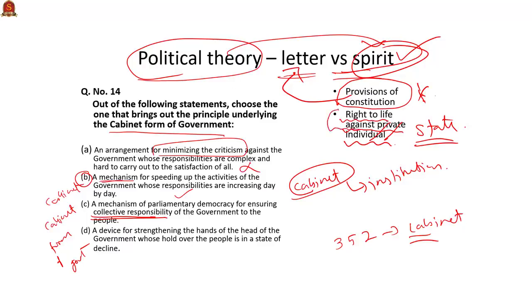So when there is an explicit provision, Article 21, which says that it is not against a private individual, whether you have to go by the spirit of the provision or the letter of the provision, you have to go by the letter, because there is an explicit constitutional provision. You can apply only the spirit of the provision when there are political theory concepts like democracy, federalism, cabinet form of government, etc. Okay, so when you have a dilemma between B and C, the answer would be C for question number 14.